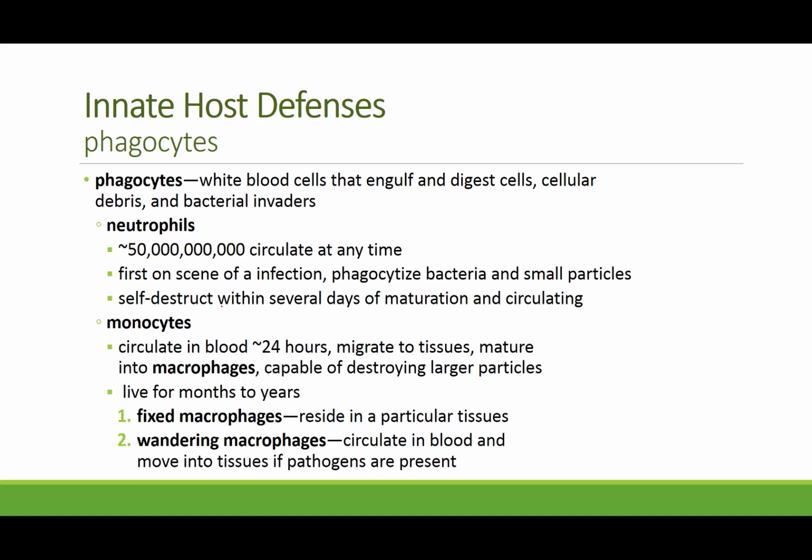And we talk about the ones that take up residence in a particular tissue and don't ever leave. Those are fixed macrophages, while there are other macrophages that circulate around in the blood, and then when they get to a spot where they've got a chemical signal attracting them, they hop out of the blood and move into the tissues to eat up pathogens. So those are the wandering macrophages.